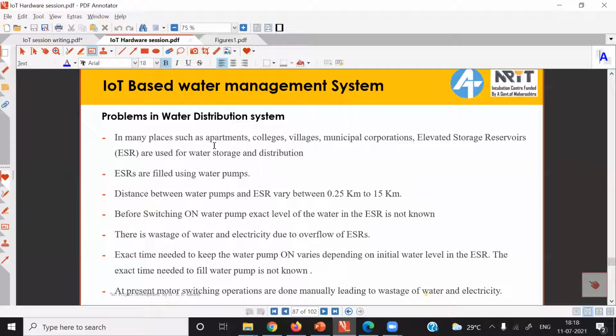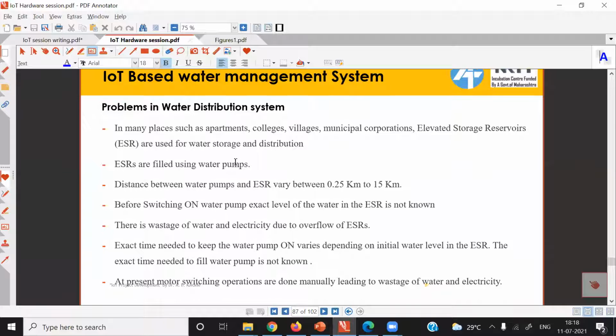And many times the user doesn't know the water level in the tanks, especially when all the tanks are overhead, and there is difficulty in reaching the tank. So as the initial water level is not known, usually the operator switches on the water pump, and if he doesn't pay attention, then there is an issue of overflow.